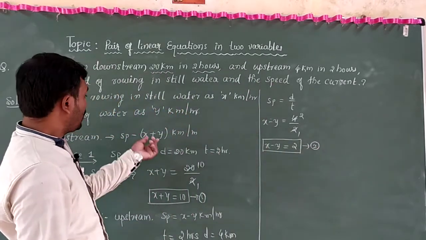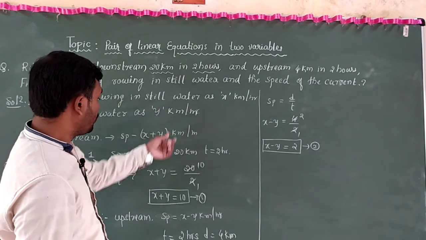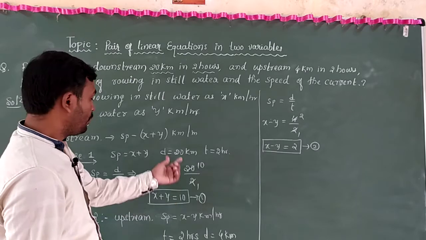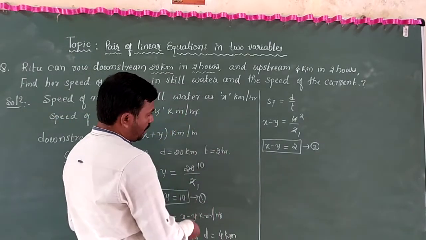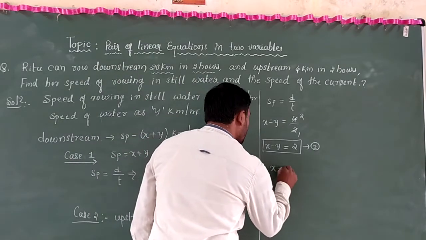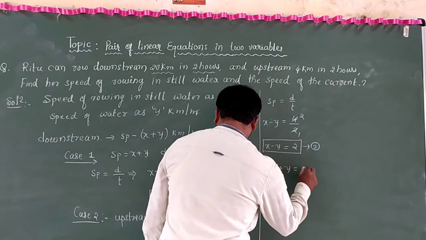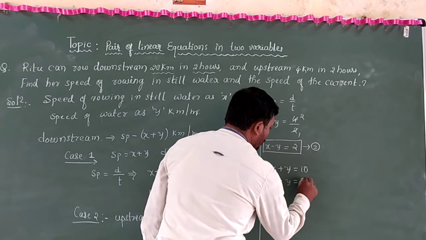To calculate the speed of rowing in still water and the speed of water in kilometer per hour, we have to find the values of x and y here. I will solve equations 1 and 2 simultaneously. That is x plus y is equal to 10 and x minus y is equal to 2.